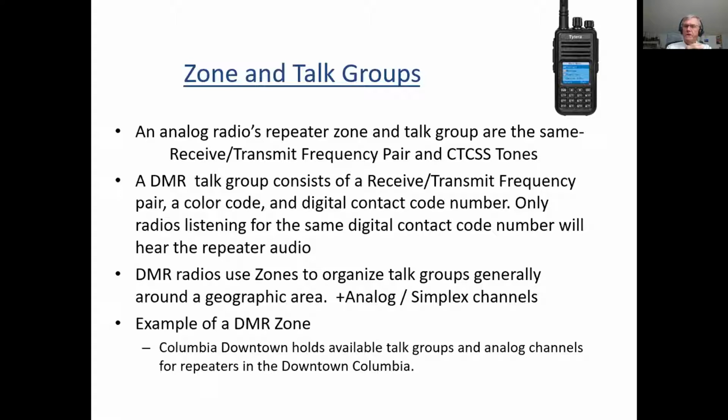And you also have a time slot, since you've got a possible 2 options for every repeater. Only those other subscribers listening to that same digital contact number on the same time slot will hear the audio. In other words, they won't hear your audio. It's like you're not even there. You don't even know someone's on the repeater.